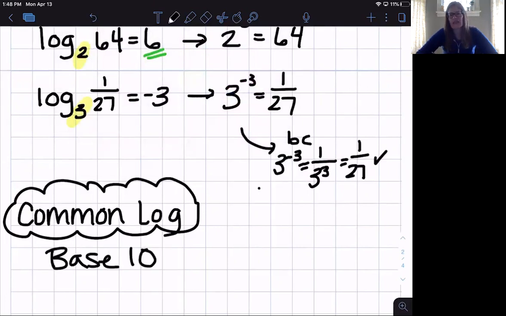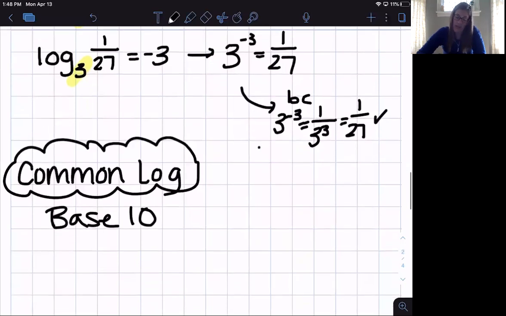And this should make sense to you that this would be a really common log, because you think of scientific notation, when you raise 10 to certain powers, it's like a number times 10 to the 5th to show a really big number, or times 10 to the negative 5th to show a really small number. So this is a very common log, and I can write something like this, log 100.